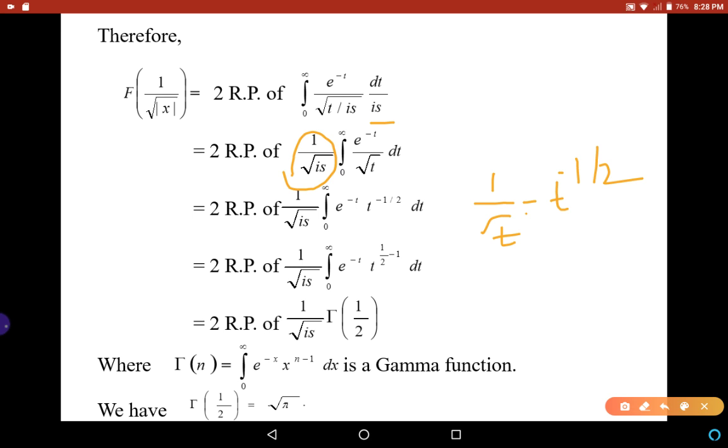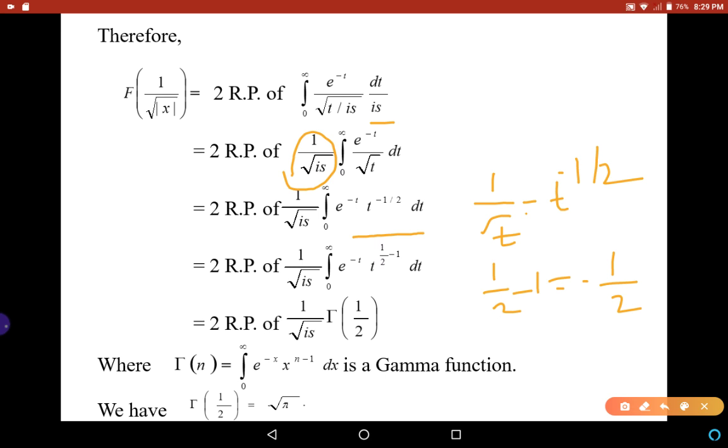Therefore, we got integral 0 to infinity e power minus t into t power minus 1 by 2 here. That is equal to 2 times real part of 1 by square root of is into integral 0 to infinity e power minus t into t power minus 1 by 2, written as t power 1 by 2 minus 1, because 1 by 2 minus 1 is equal to minus 1 by 2.